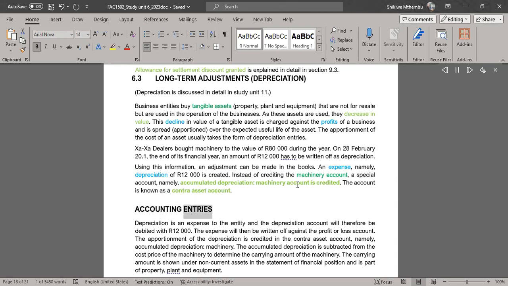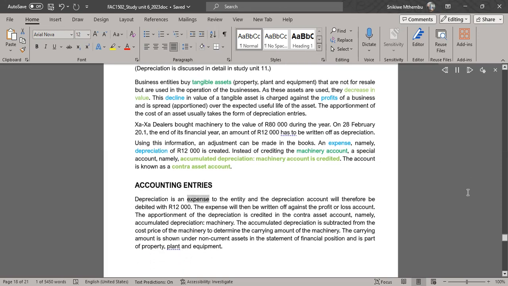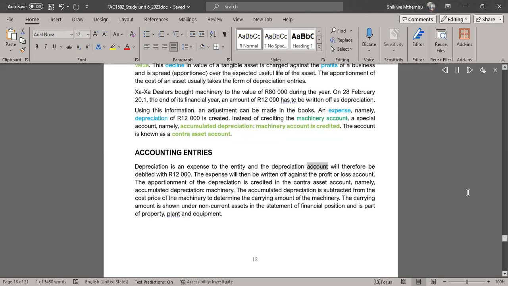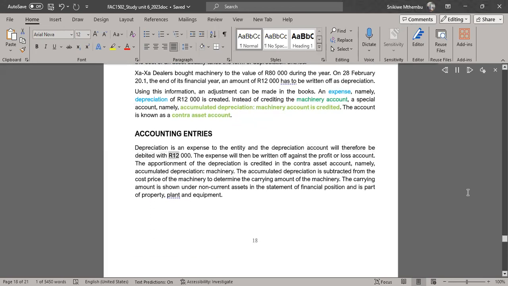Accounting entries. Depreciation is an expense to the entity and the depreciation account will therefore be debited with $12,000. The expense will then be written off against the profit or loss account. The apportionment of the depreciation is credited in the contra asset account, namely Accumulated Depreciation, Machinery.